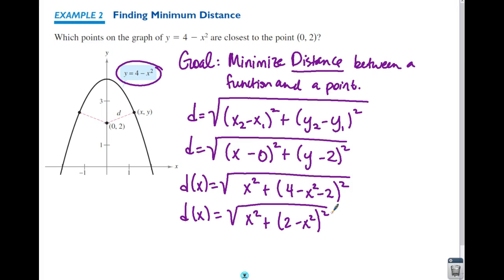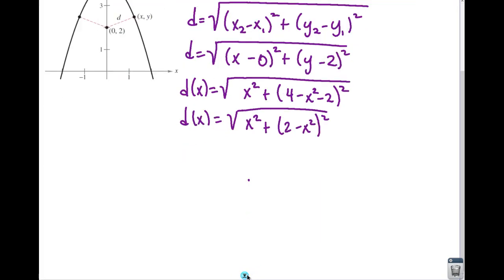But that's what we are going to have to maximize. I'm sorry, not maximize, minimize in this case. So I've got it in terms of one variable.